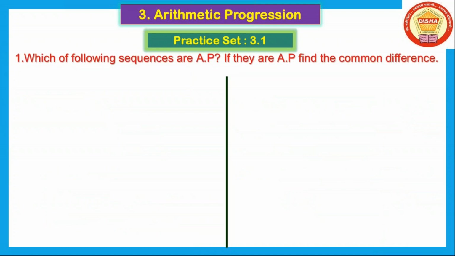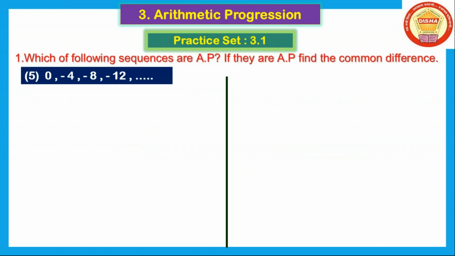Now we take the next, fifth example. See again. 0, negative 4, negative 8, negative 12. So here we consider T1 is equal to 0, T2 is equal to negative 4, T3 is equal to negative 8, T4 is equal to negative 12.